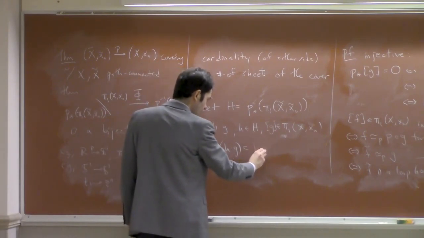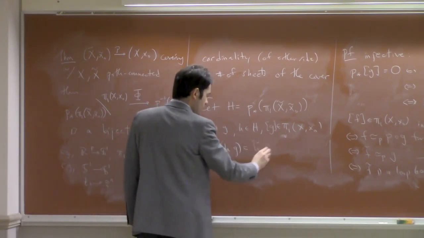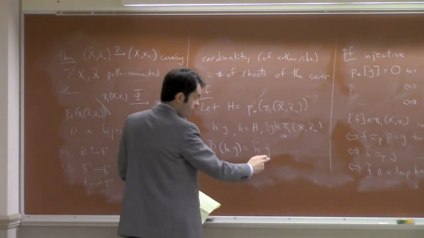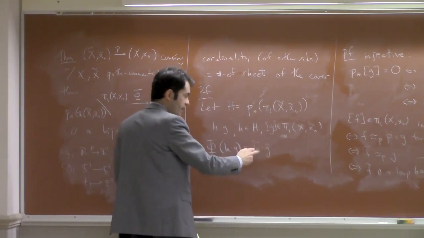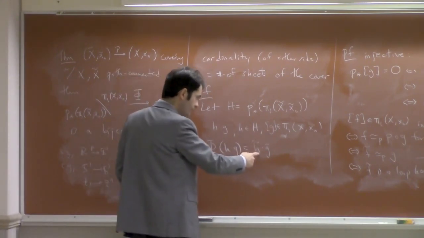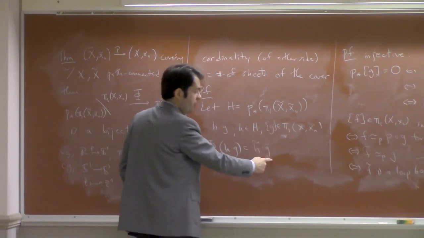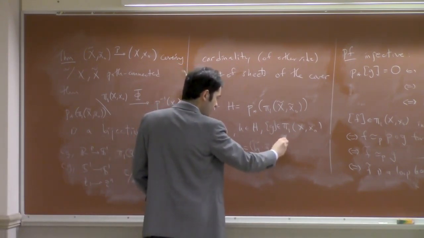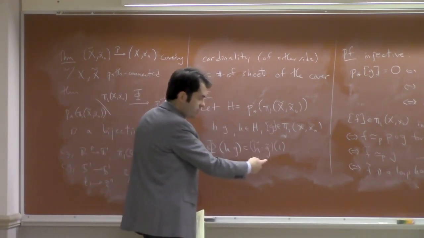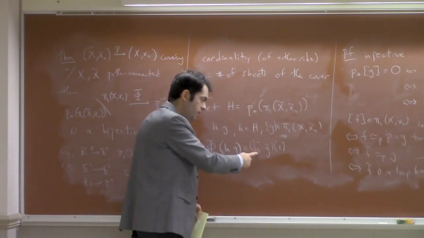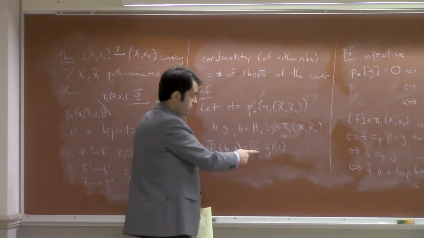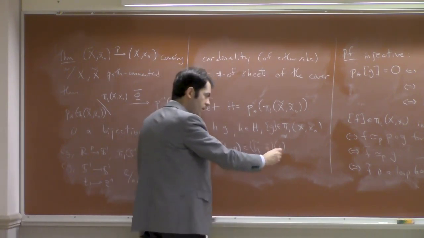So by uniqueness, the lift of this concatenation is going to be the concatenation of the lifts. Notice that this makes sense precisely because h lifts to be a loop at x naught tilde. And so this does end where this one starts. So it's just this path evaluated at the right endpoint. But it's a concatenation, so it goes from the left endpoint of this one to the right endpoint of this one, which is the left endpoint of this one, and then to the right endpoint of this one. So this one doesn't affect where we end up.